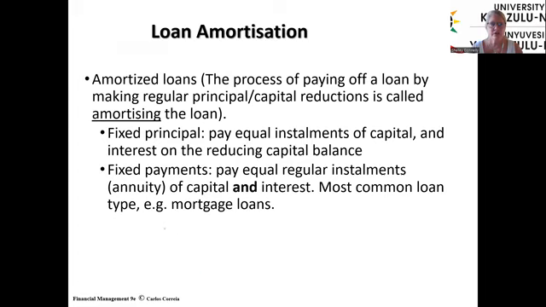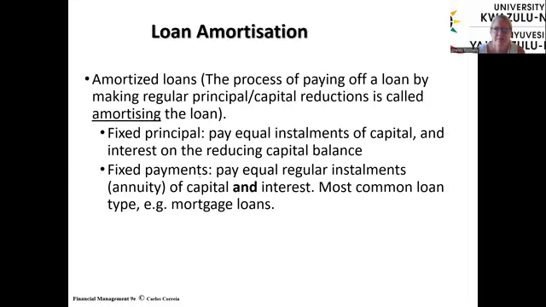You either pay equal installments of capital over the duration of the loan period, and you pay interest on the reducing capital balance. So as you owe less, your interest drops. Only the principal is fixed, the capital repayment's fixed, the interest changes.